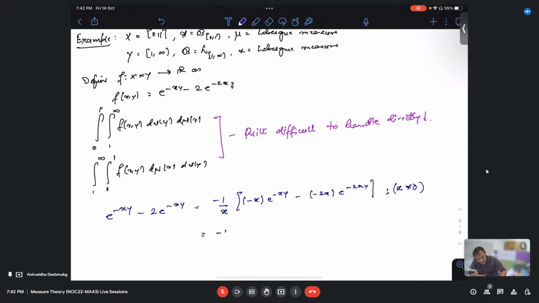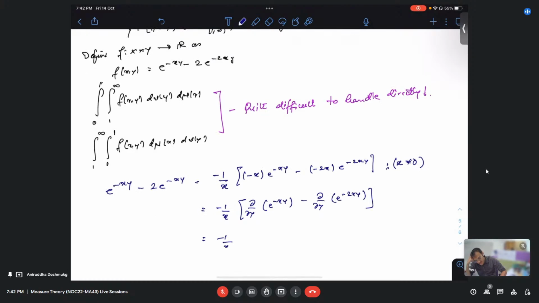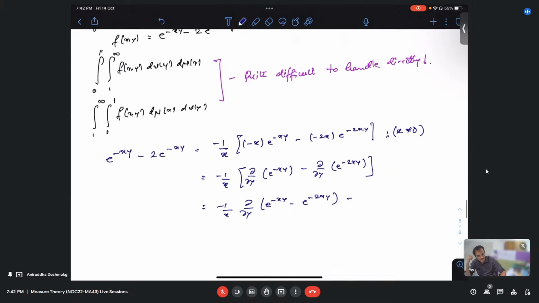Which is clearly minus 1 over x, derivative of e to the power minus xy, minus derivative of e to the power minus 2xy. So all in all, this whole thing is minus 1 over x, derivative of e to the power minus xy minus e to the power minus 2xy. So this is one thing to observe.